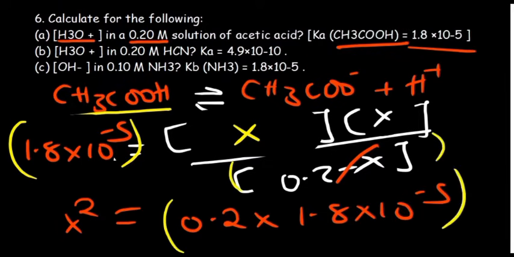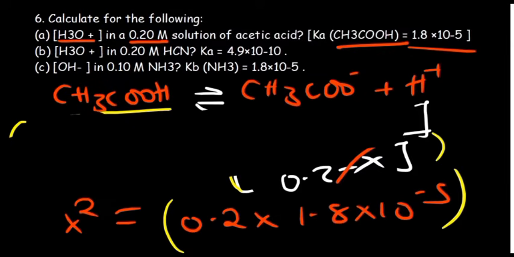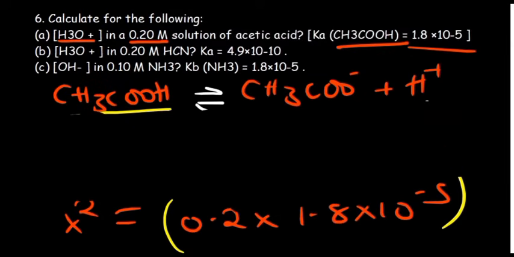Okay, so grab your calculator: 0.2 multiplied by 1.8 by 10 to the power negative 5. So what I'm finding is x squared is equal to 3.6 times 10 to the power negative 6.